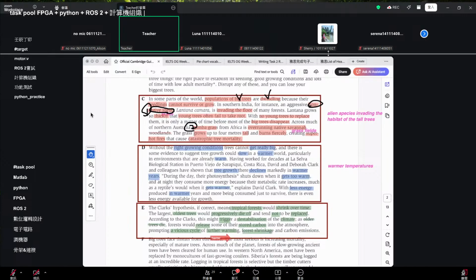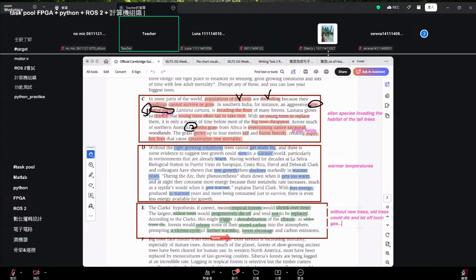Now, these were referring to without new trees. Old trees die and could let off toxic gas.